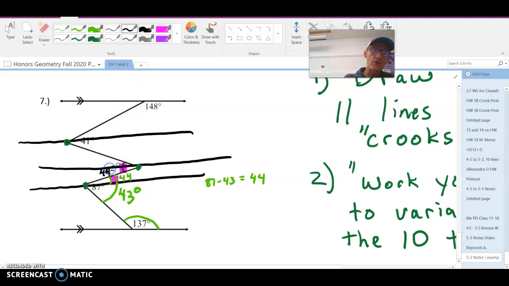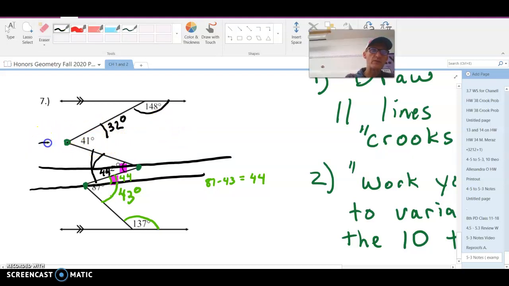Okay, so I don't know the measure of this angle yet because this angle, the big one, is unknown. So what I have to do now is sort of work my way from the top now. So I look at this angle, and they are same side interiors. So then this angle is 32 degrees. So this angle is 47, or is it 41 or 47?